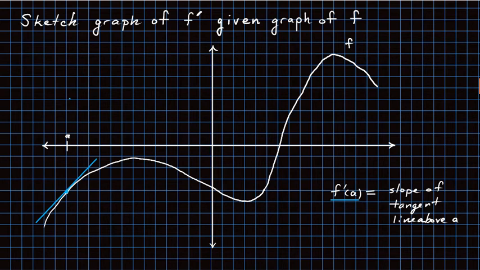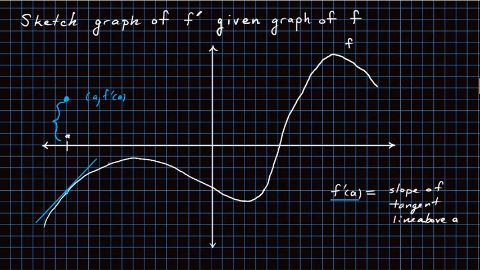So when I go to graph the point A comma f prime of A, it's above the x-axis. That'll be a point maybe here. So this number, this height, represents the slope. And it's a positive number, so it belongs above the x-axis.